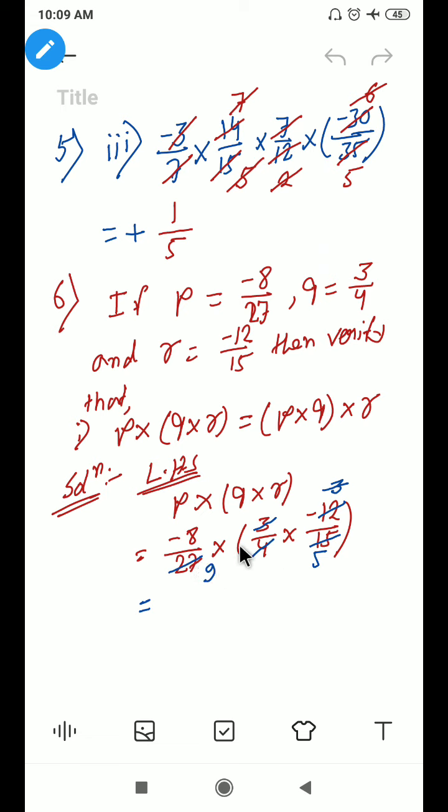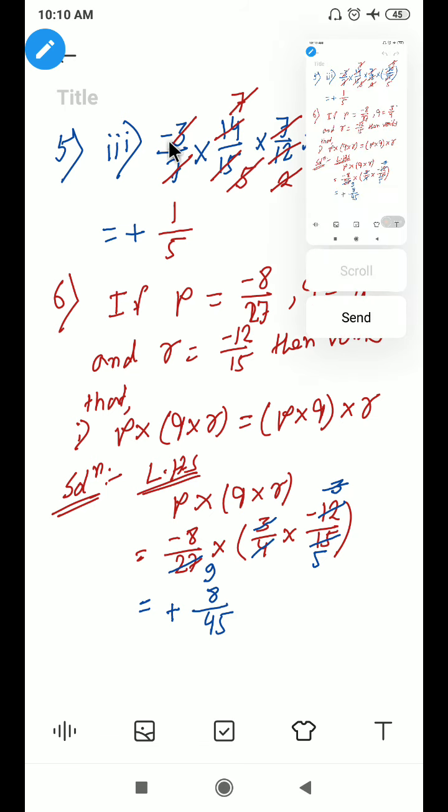Whenever you multiply something, firstly multiply their signs. So plus minus will be minus, and minus minus will be plus. In the numerator 8 is left, and in the denominator 45 is left. Clear?